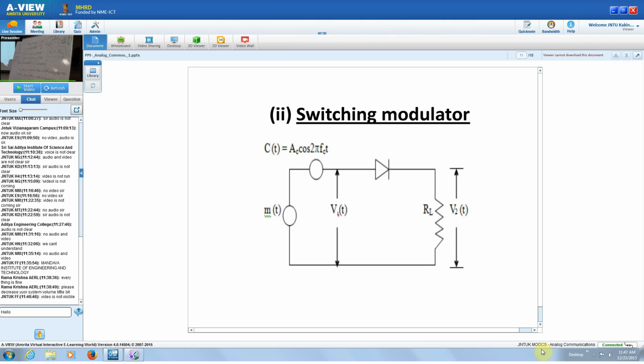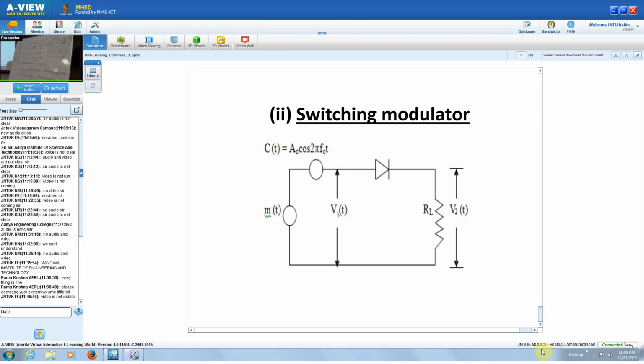Whereas when C of t is greater than 0, the positive amplitude, then the diode is conducting, or it has 0 resistance. Then what will be the output? What is the input you are going to have? M of t plus A C cos omega C t. Both will appear across the resistor as V2 of t.